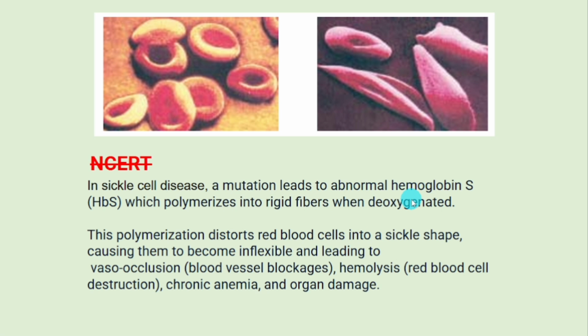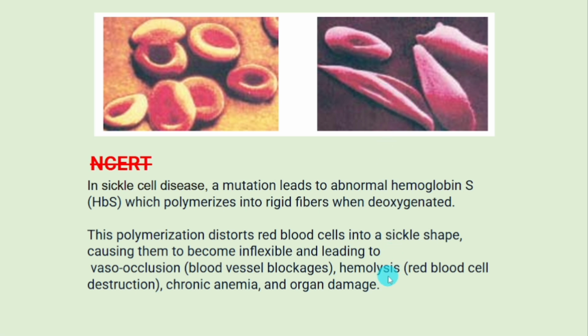It distorts the RBC into sickle shape, causing them to become inflexible, and this leads to all these problems: blood vessel blockages, hemolysis, because this structure will put pressure on the plasma membrane and it will cause rupture of RBC.